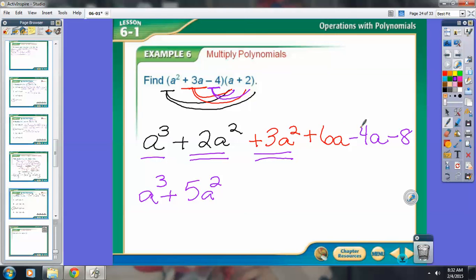We don't do anything to the exponents. Go to my linear term, 6a minus 4a. 6 minus 4 is 2, positive 2a, minus 8. Again, none of the others are like terms, so I can't add any of those values together.